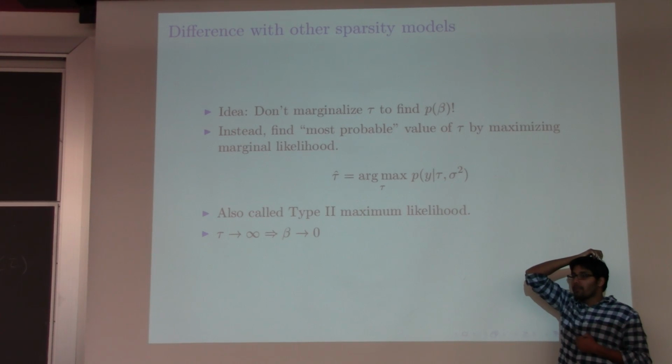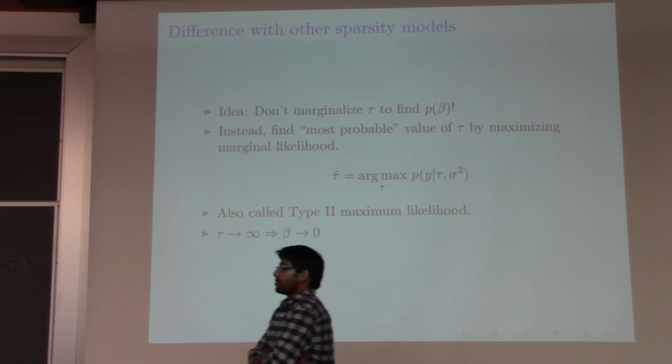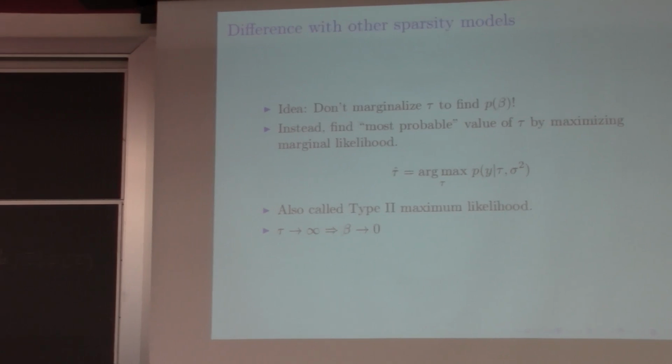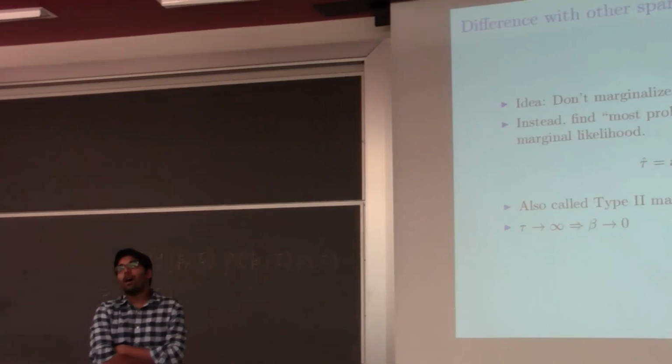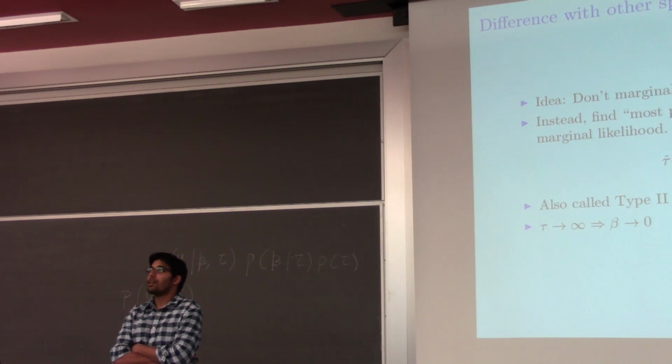Yeah. The main motivation for marginalizing tau is that the integral is hard to calculate, right? How is not marginalizing tau better than setting up a Markov chain to generate samples and doing a Monte Carlo estimate? You could do that also.